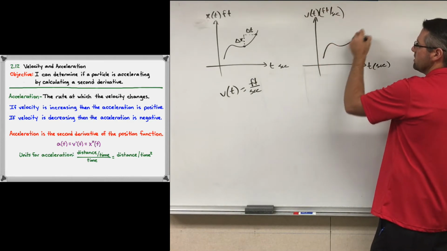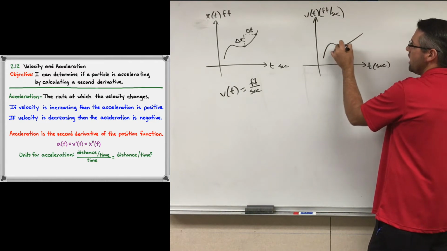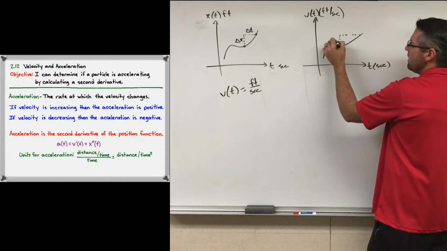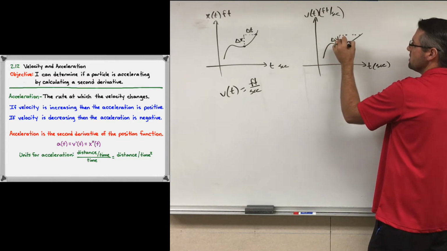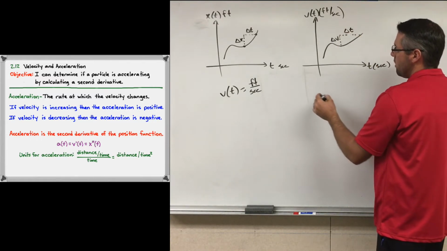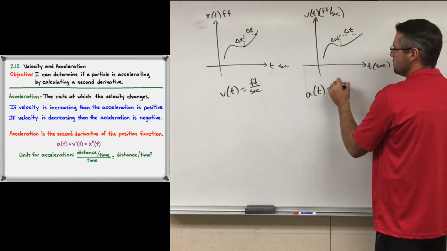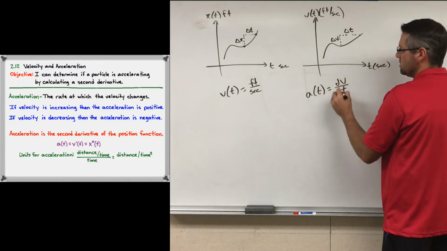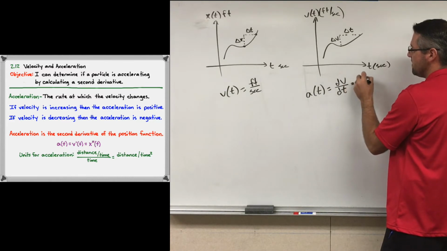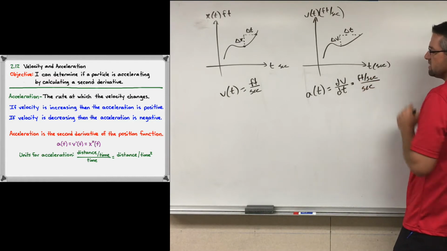So if I were to look at the same graph essentially, but now I'm looking at velocity, the change in the y direction versus the change in the x direction would be a change in velocity over a change in time, okay? So we are saying that acceleration is the change in velocity over the change in time, lowercase deltas here. Well, the change in velocity is feet per second, and a change in time is a second.